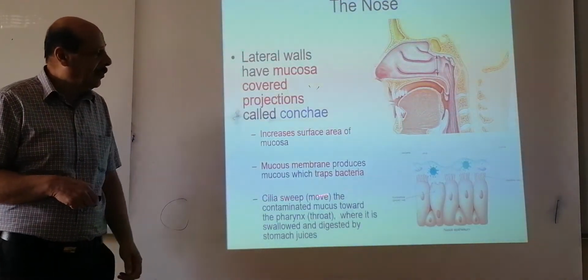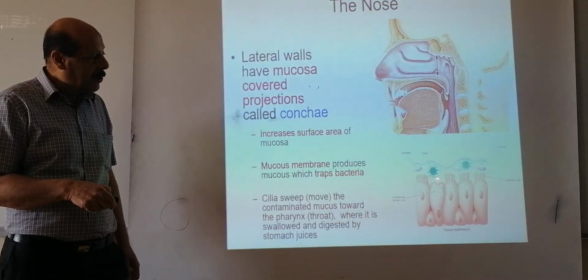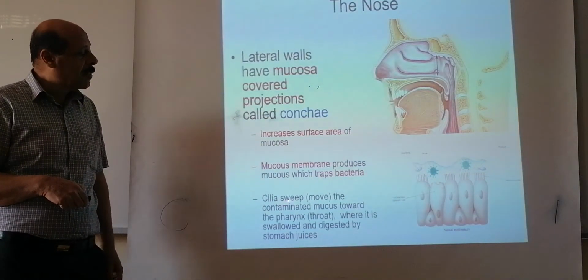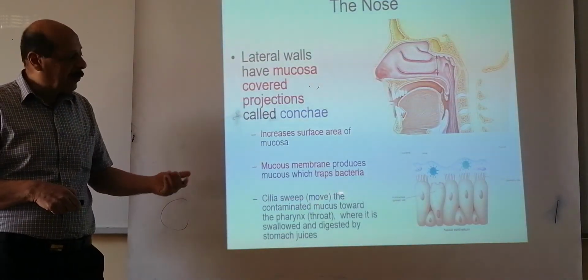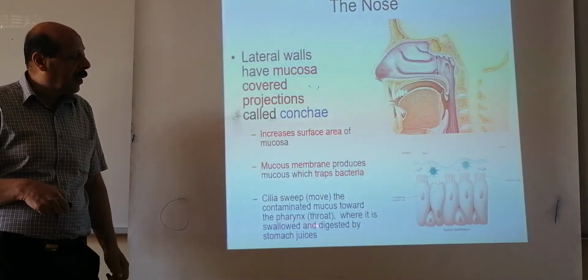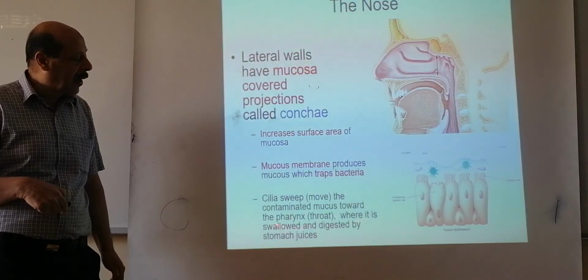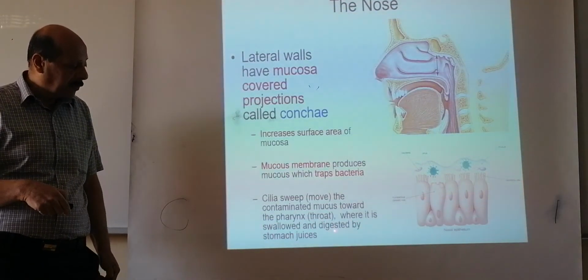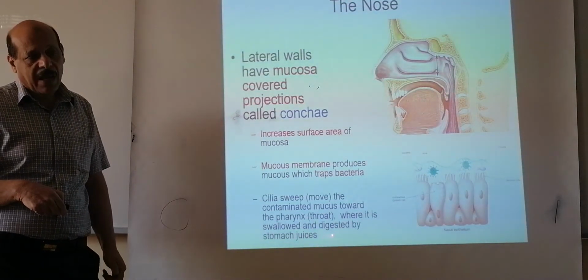The cilia sweep out and move the contaminated mucus toward the pharynx or the throat, where it is either swallowed and digested by the stomach.